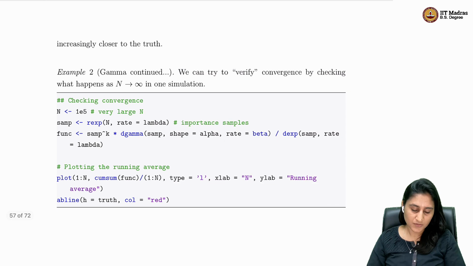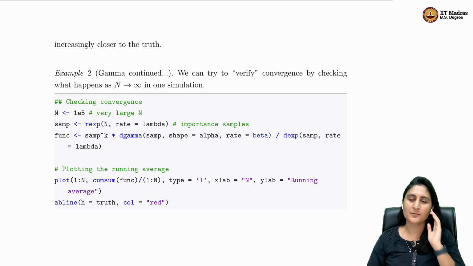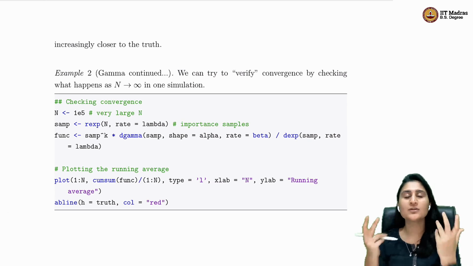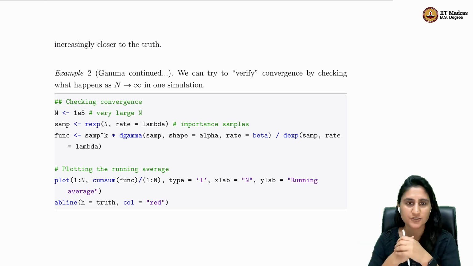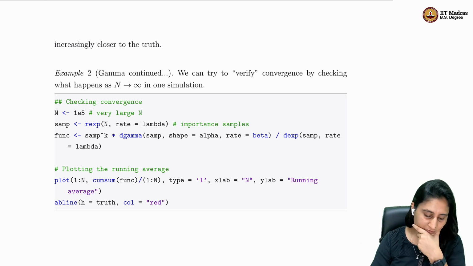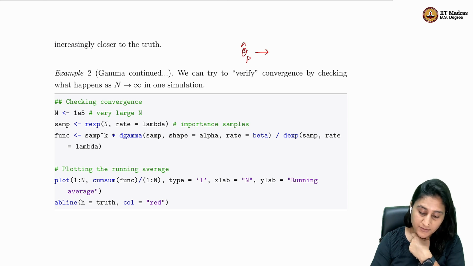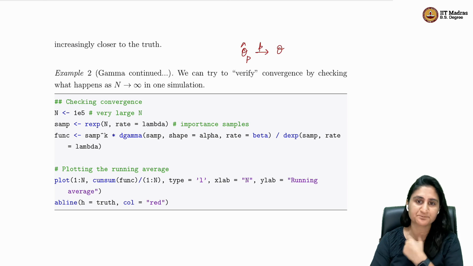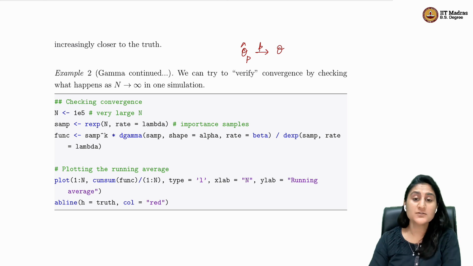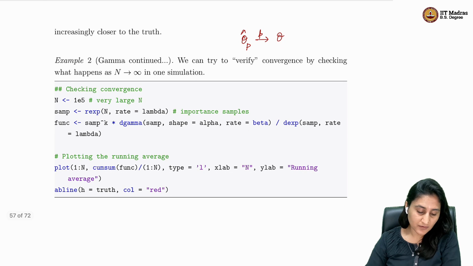Okay. So let's go back to our gamma example and try to visualize and verify this convergence. The convergence result was the following: theta hat g converges to theta in probability, right? This convergence is as n tends to infinity.